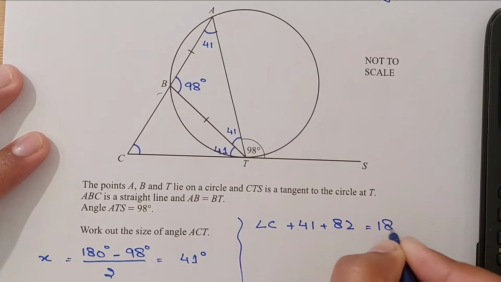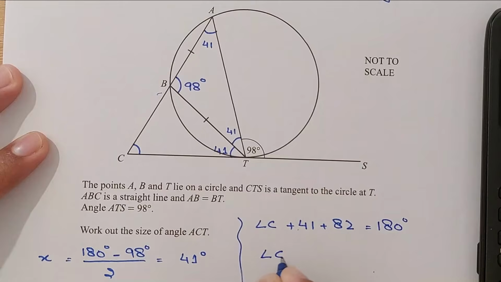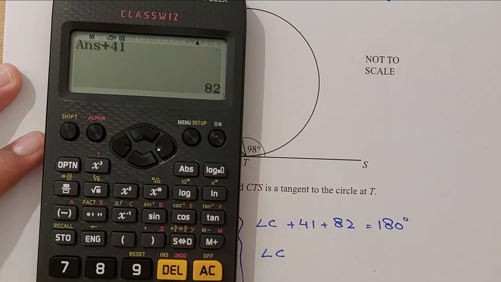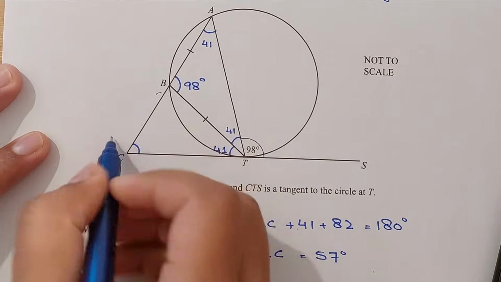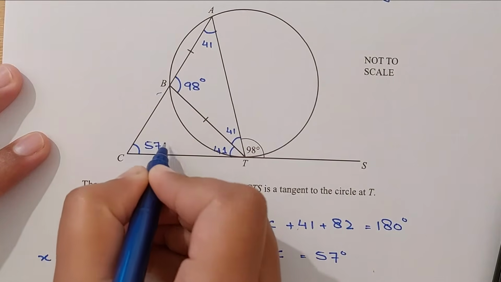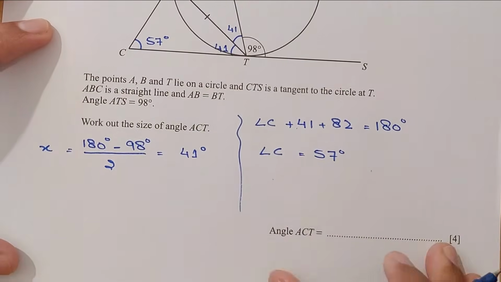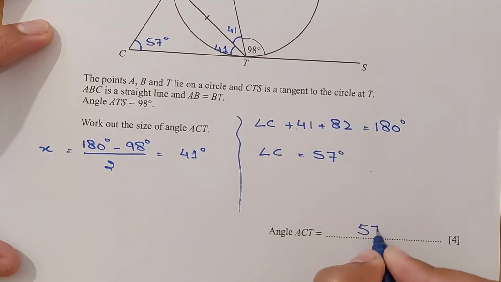This is equal to 180 degrees. So we can get angle ACT. This is 180 minus 82 minus 41. This is 57 degrees. This angle is 57 degrees. Right. So angle ACT is 57.